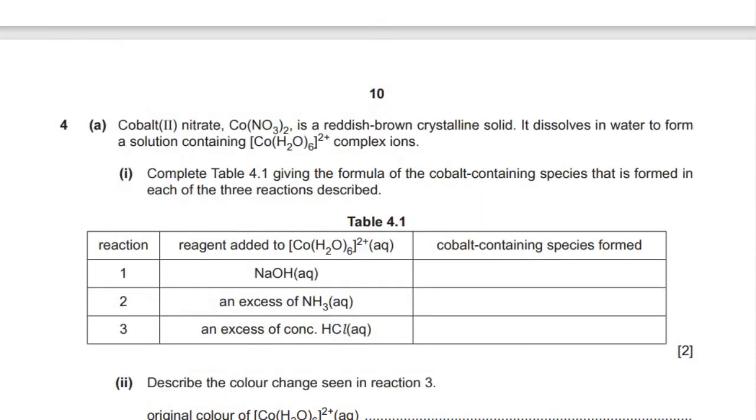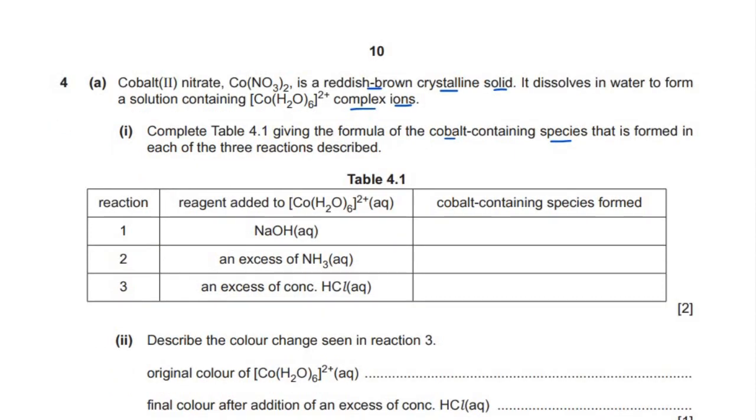Question 4 is cobalt 2 nitrate, that is Co(NO3)2, a reddish brown crystalline solid. It dissolves in water to form a solution containing [Co(H2O)6]2+, that is hydrated cobalt 2+ complex ions. Now complete table 4.1 giving the formula of cobalt containing species that is formed in each of the 3 reactions described.